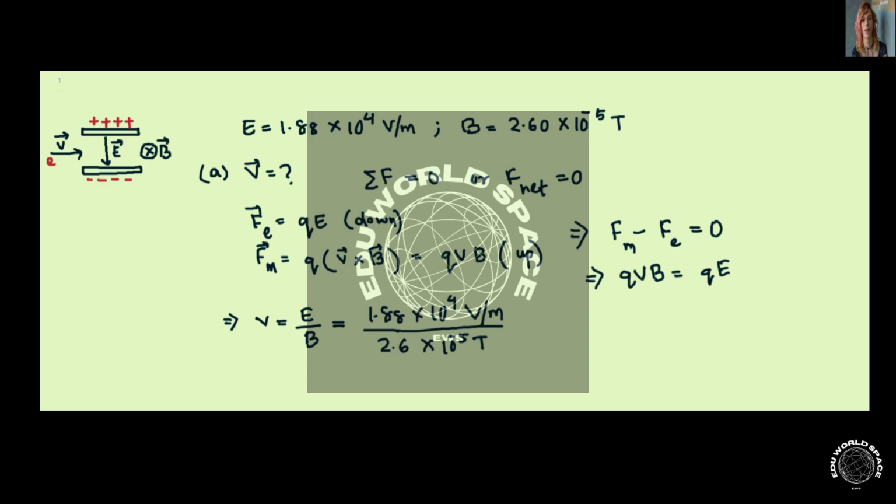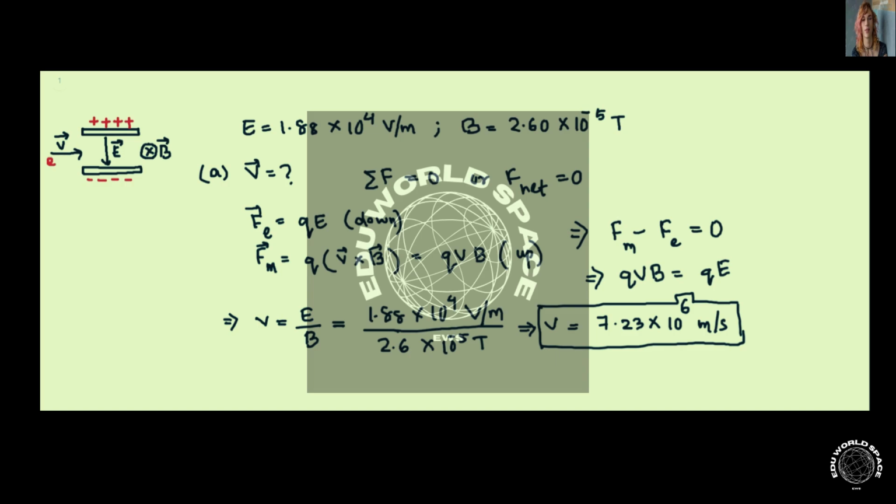And when we take the ratio, we get the velocity of the electrons to be 7.23 times 10 to the power 6 meter per second. So this is the velocity of the electrons, this should be the velocity for them to pass through this region undeflected.